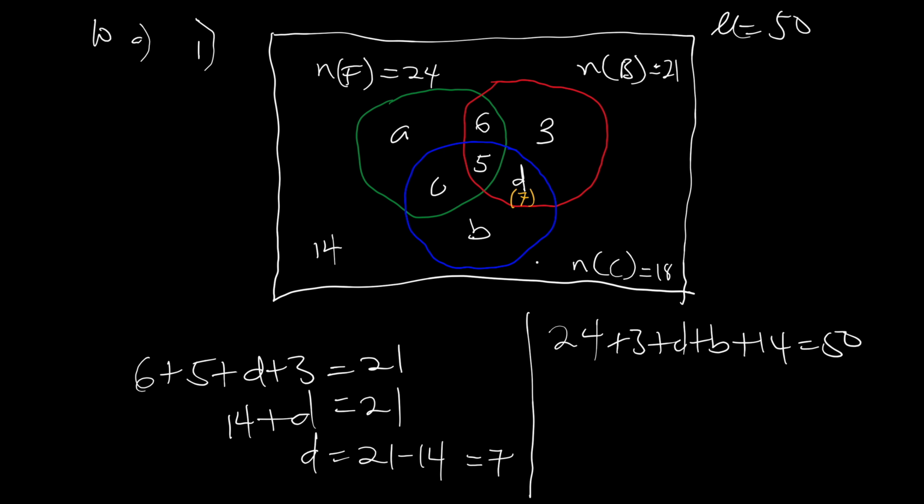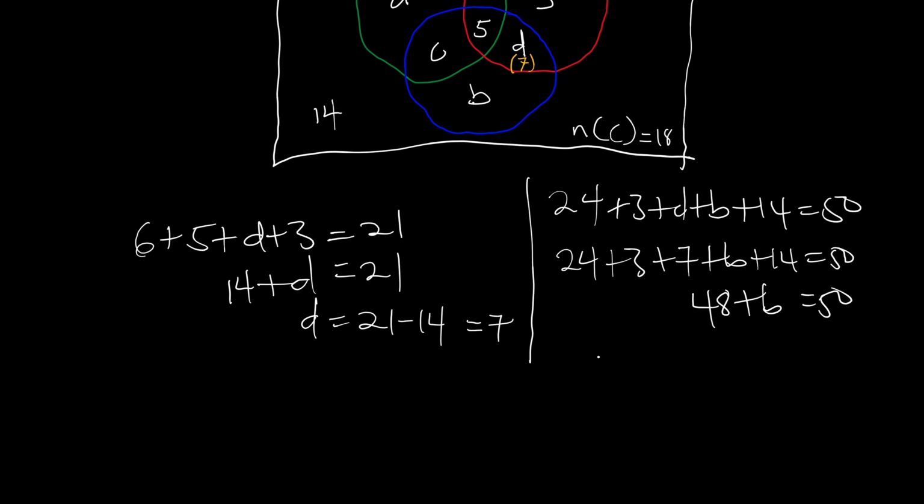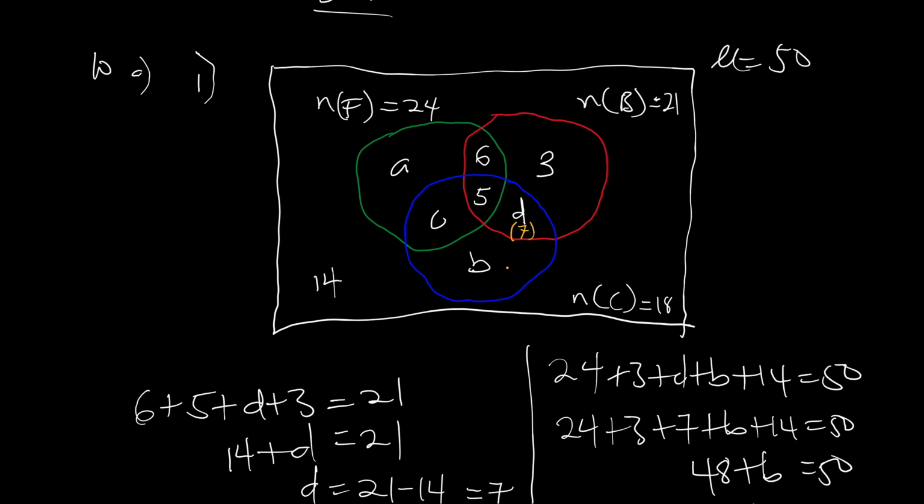Now we know D is 7, so 24 plus 3 plus 7 plus B plus 14 is equal to 50. So 48 plus B is equal to 50, and B is 50 minus 48, which is 2.